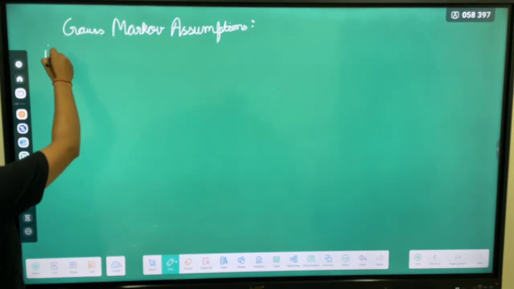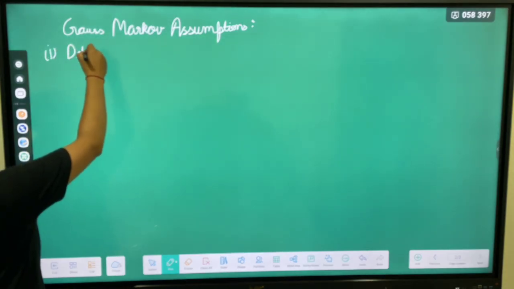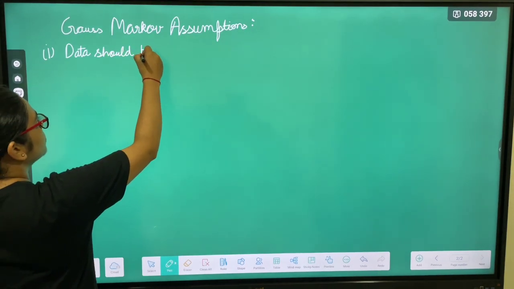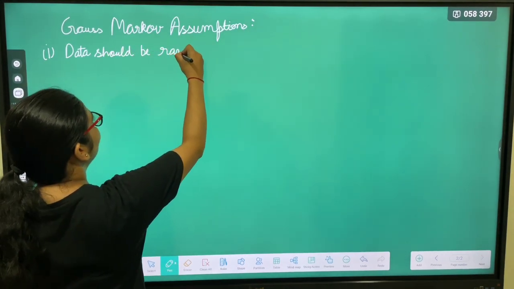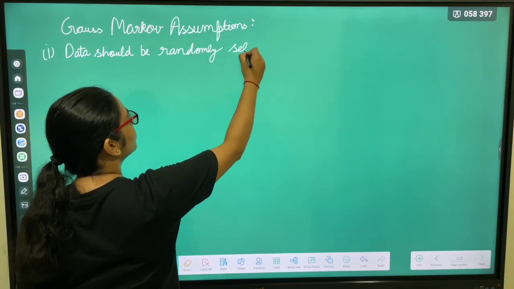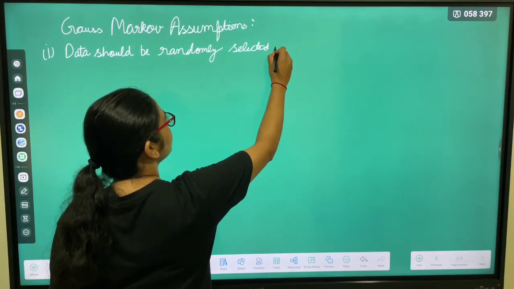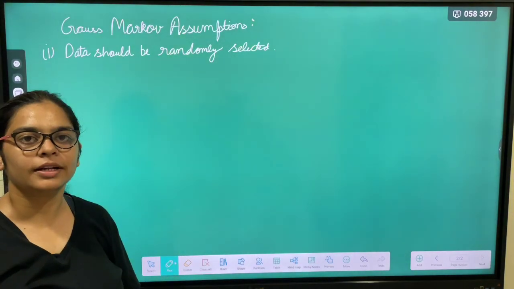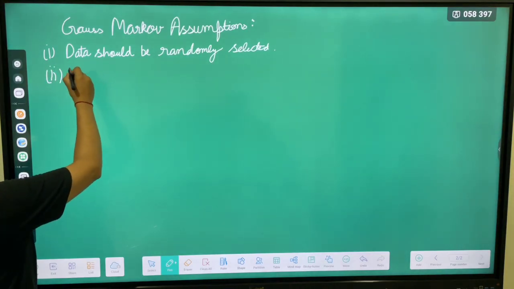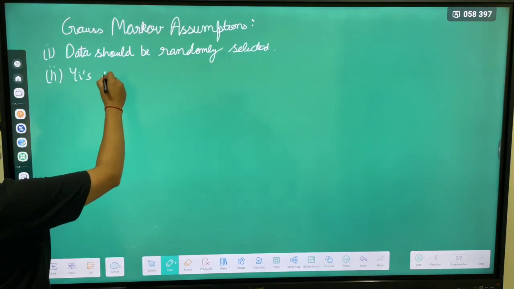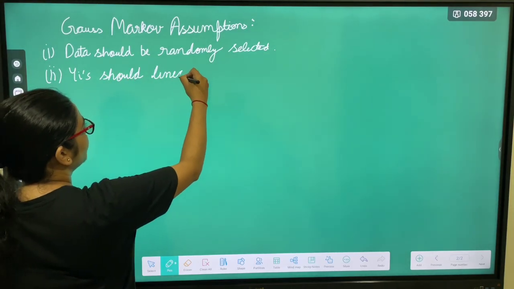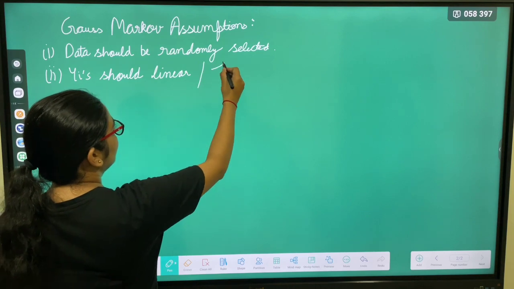First of all, the data should be randomly selected. Obviously, when we are talking about statistics, the data should be randomly selected. The second one is that the betas should be linear, and this property is known as linearity.